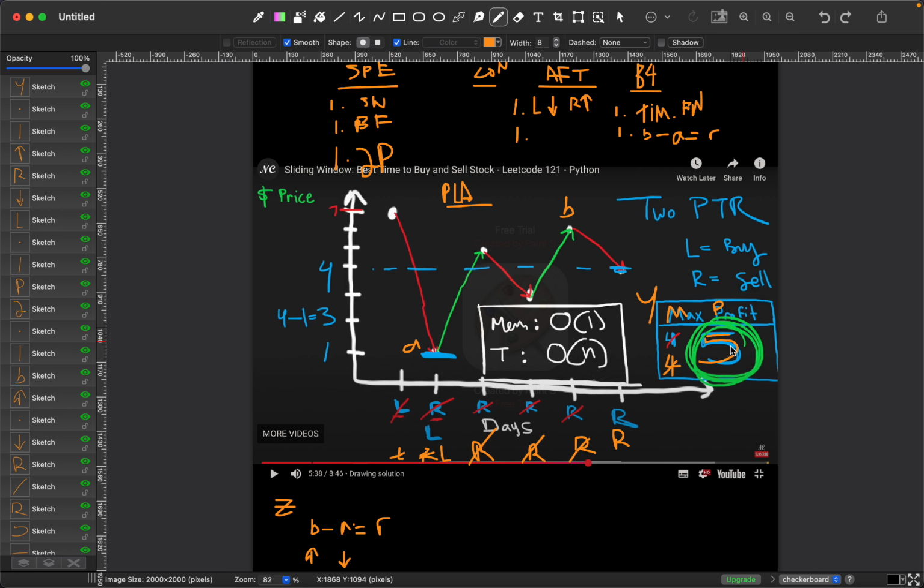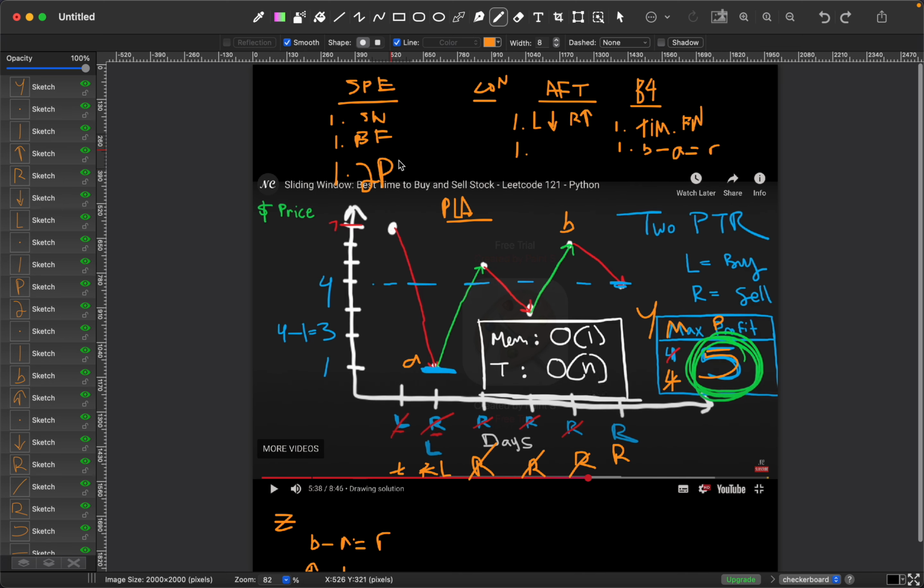We store inside this box which one is the biggest profit, the biggest number, because at the end of the day we want the biggest number. We do the Z and the Y operation to get the highest value, by having our two pointers maneuver around the map with the condition set that L must be as low as possible and R must be as high as possible. So that's the condition set.